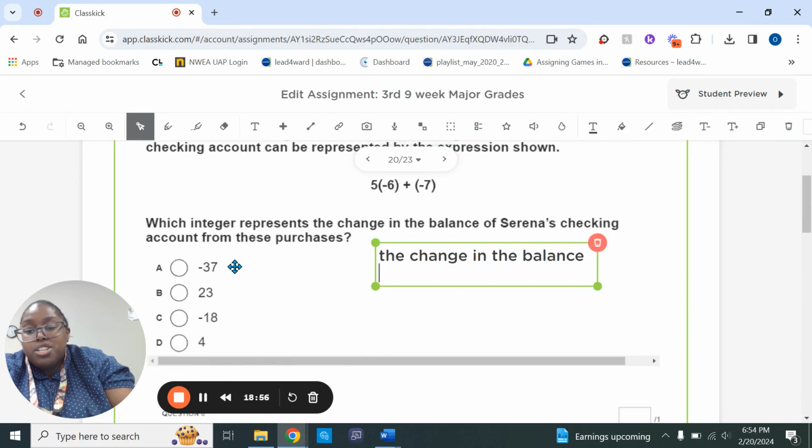So if I look at my answer choices, and even if you reread this question, the answer is going to look like an integer. So that means it's either going to be a positive whole number or a negative whole number. So you don't have to worry about dealing with any kind of decimals or fractions.